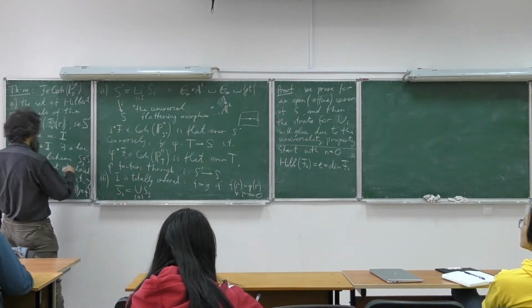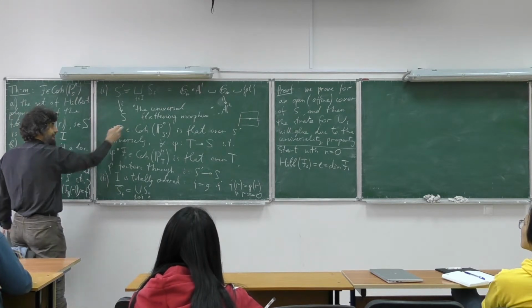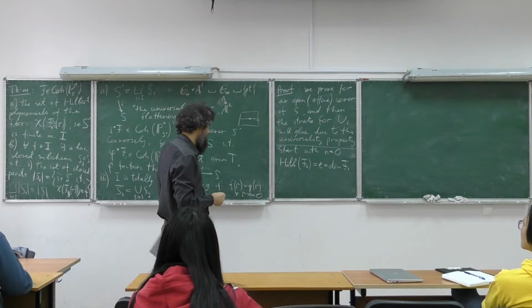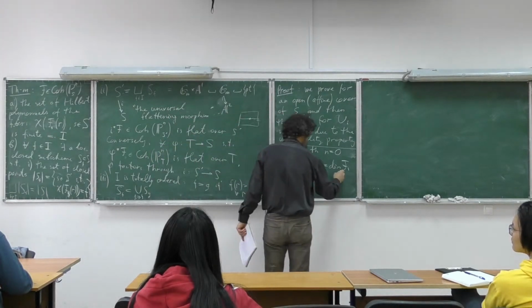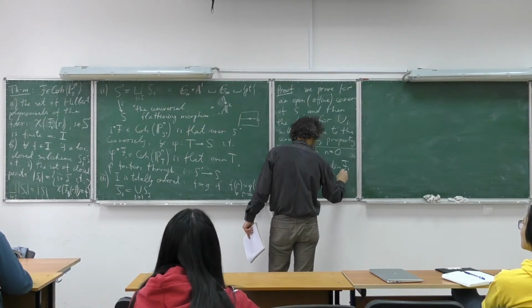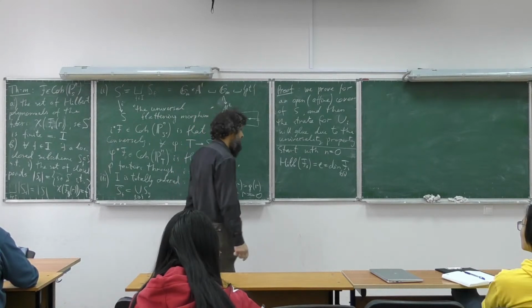Universal property number whatever, 2. Dimension over the field of residues at this point.